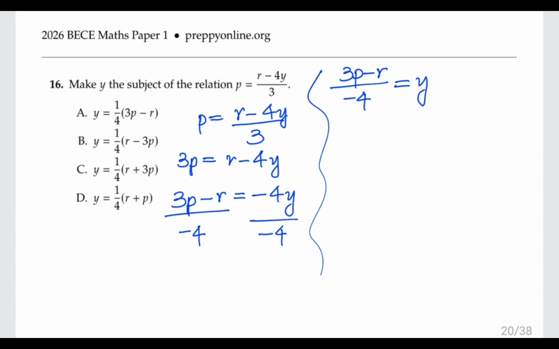So we've already found y. But looking at the answer options given, all of them are written with the 1/4 outside and then an expression inside. So let's also try to write this one like this. The first thing we should note is that if we have 3p minus r over minus 4, we can multiply both the numerator and the denominator by negative 1.